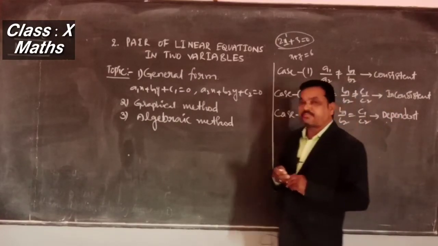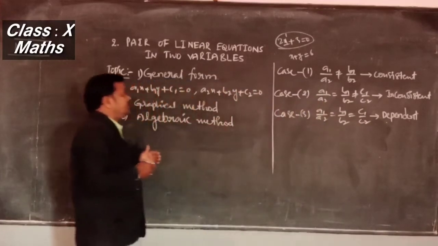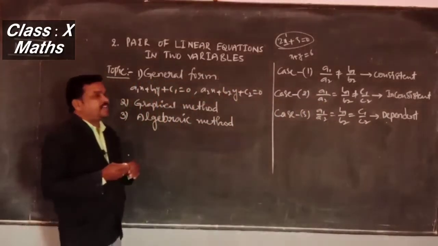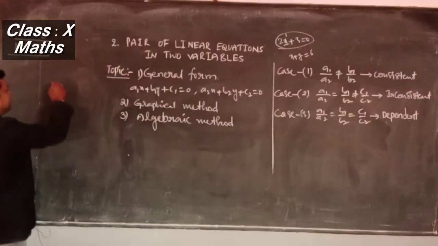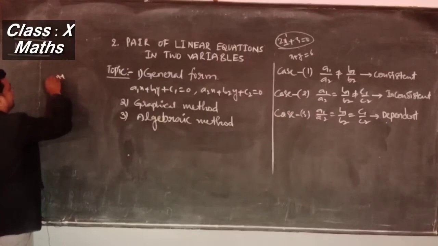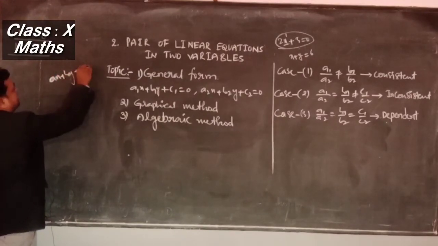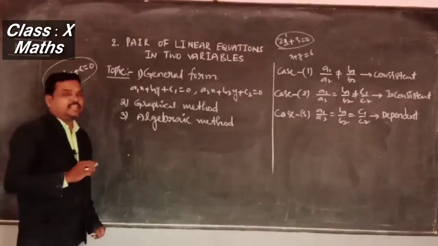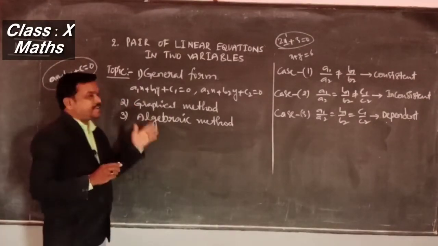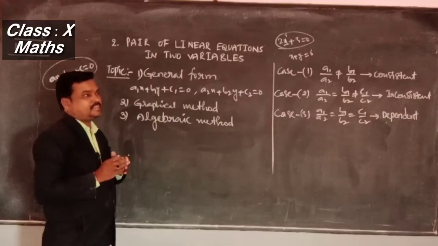First of all, the general form of a pair of linear equations. We know that the general form of a linear equation is ax plus by plus c equals 0. But a pair means there are two linear equations.